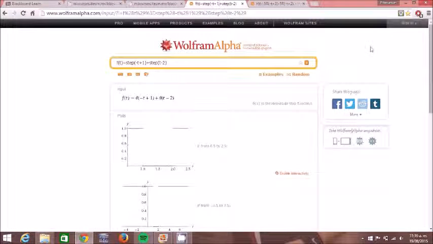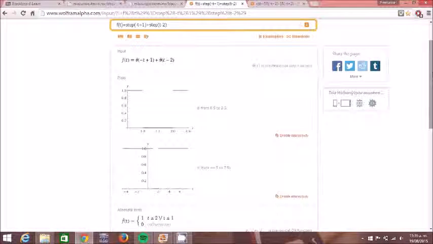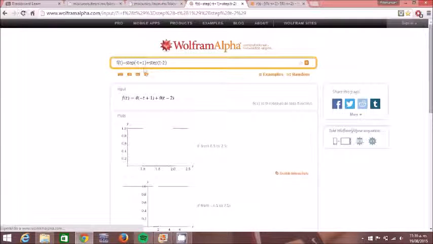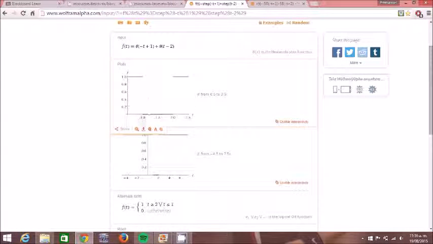So we check in Wolfram Alpha, we put the formula, and we can confirm that we are right. It goes through 1. Actually, this is more precise: it goes down in 1, and then in 2 goes up again in 1. So we can check that we are right.